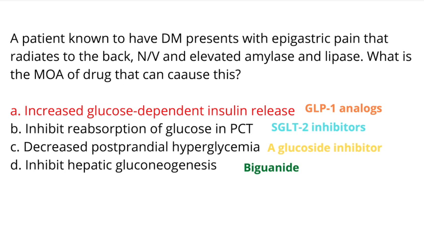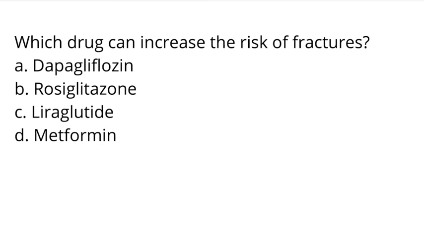Question number 8. Let's go. Which drug can increase the risk of fractures? A. Dapagliflozin, B. Rosiglitazone, C. Liraglutide, or D. Metformin. So the answer here is option B, rosiglitazone.